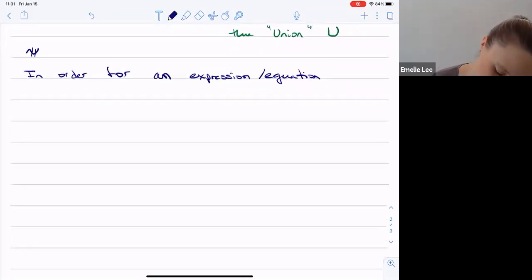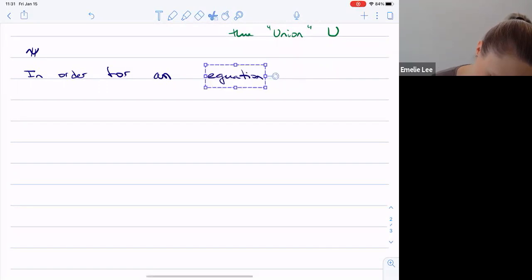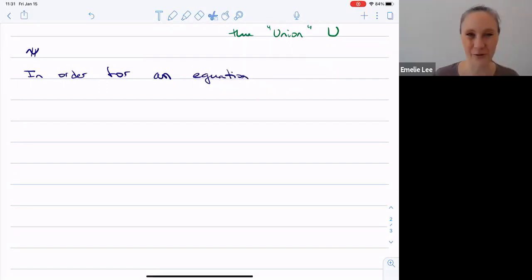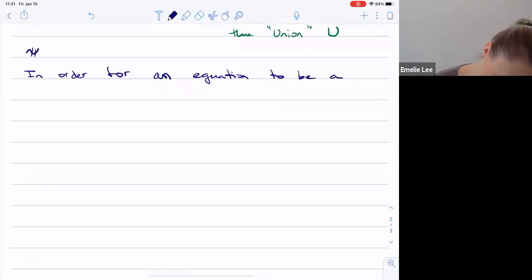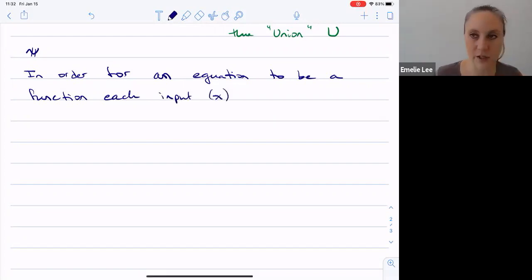In order for an equation to be a function, each input, so each x, can only yield one output, y.